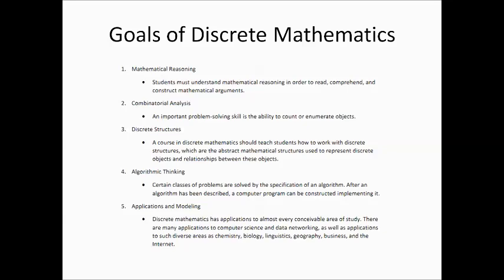Again, the goals of discrete mathematics, we have five: mathematical reasoning, combinatorial analysis, discrete structures, algorithmic thinking, and applications and modeling. When you say mathematical reasoning, students must understand it in order to read, comprehend, and construct mathematical arguments.